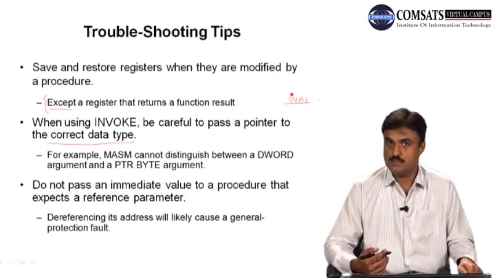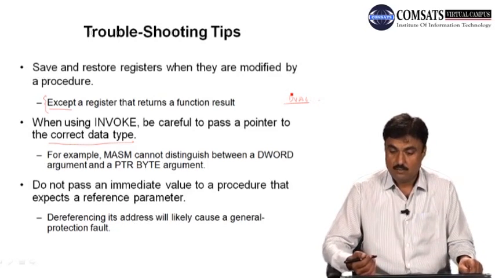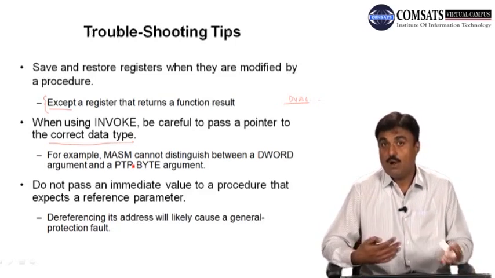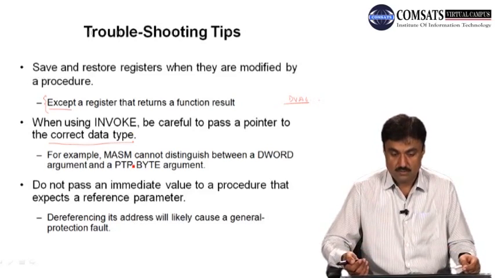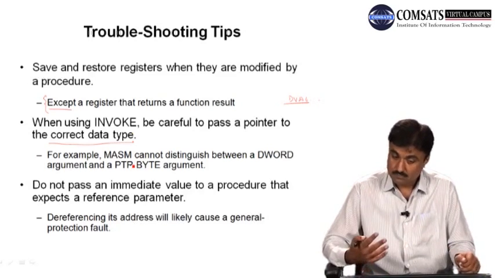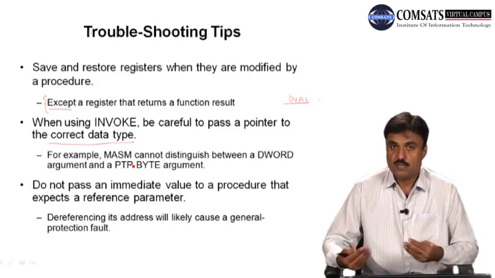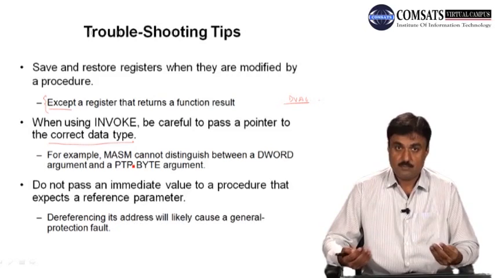MASM does not distinguish between word and double word arguments, and a pointer to a byte, and so on. So they will have the wrong values when you are using those pointers. So be careful. In the invoke directive, you must pass accurate data type pointers, otherwise you will receive a wrong answer.